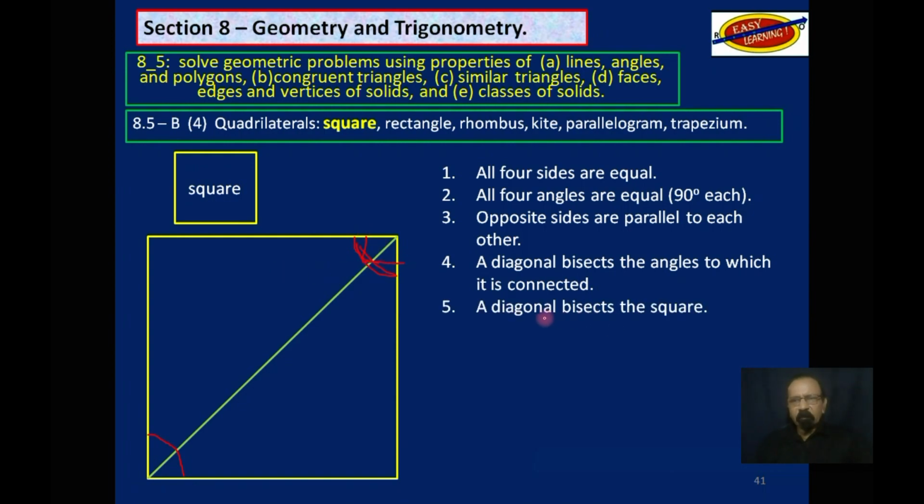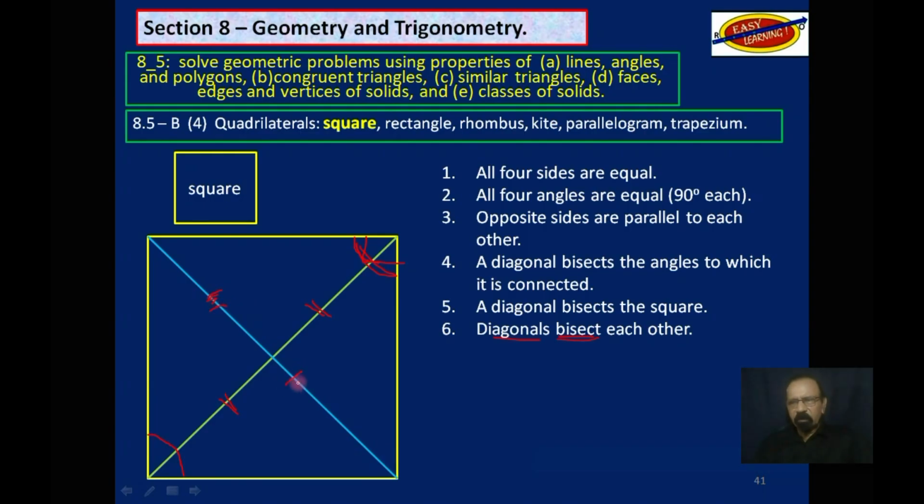A diagonal bisects the square. So that diagonal divides that square into two identical parts. Diagonals bisect each other. So if you put in the other diagonal like that, that blue diagonal bisects this green diagonal into two equal parts, and the green diagonal bisects the blue diagonal into two equal parts.